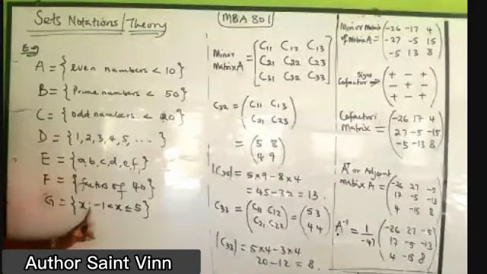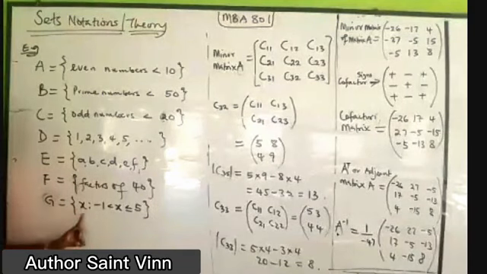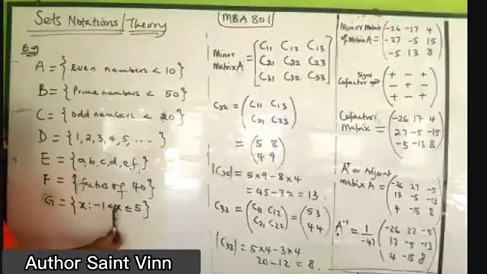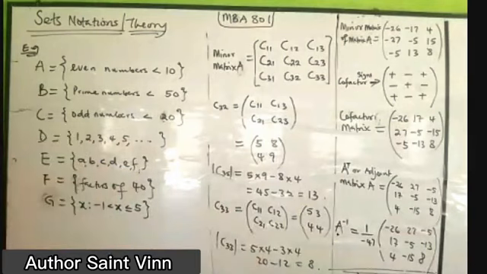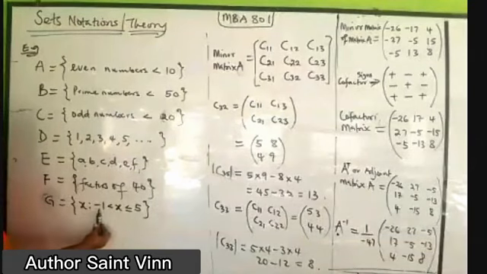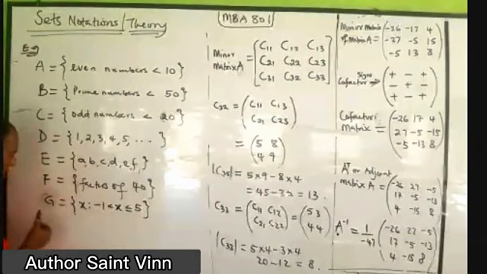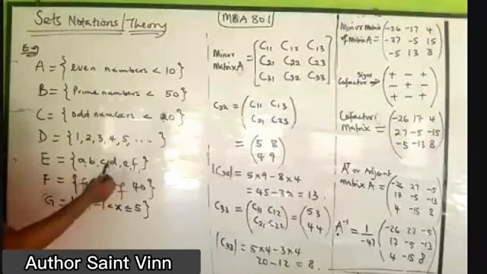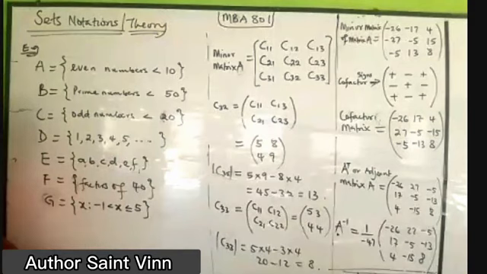The colon in English means 'is such that'. The interpretation is that X is greater than -1 but less than or equal to 5. Is that okay? They tell you to list these elements for you to find intersection and union. Because sometimes if you are given a set that is not listed, you are expected to list the elements and then get the result.